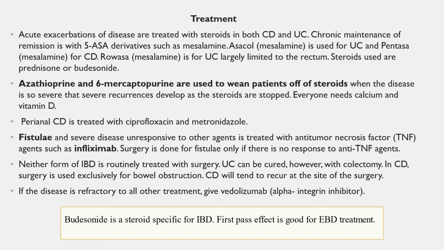Chronic maintenance of remission is usually with 5-ASA derivatives such as mesalamine. Asacol or balsalazide is used for UC, and Pentasa, also mesalamine, for CD. Rowasa, which is again mesalamine, is for UC largely limited to the rectum.